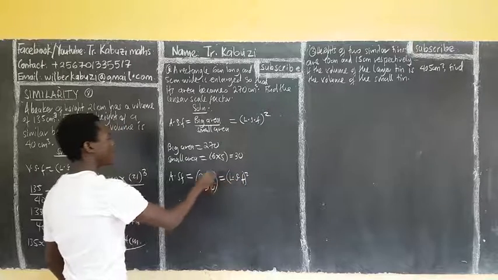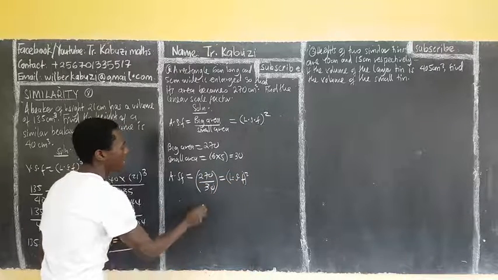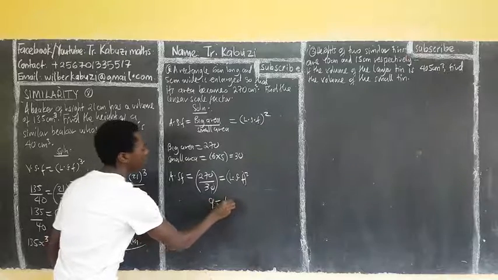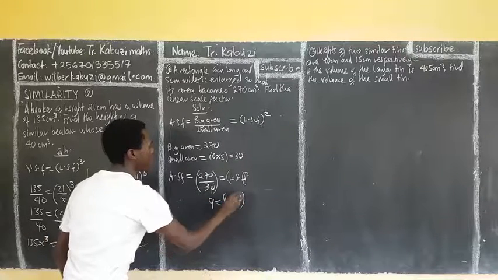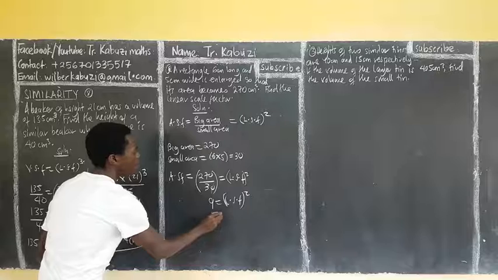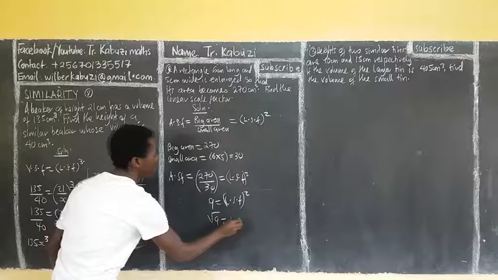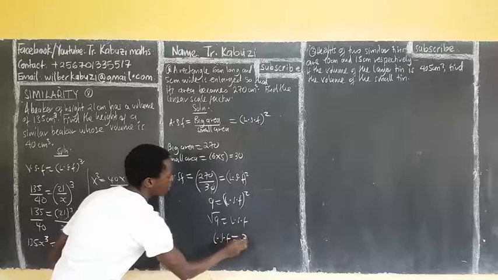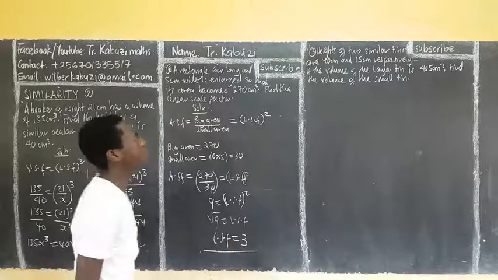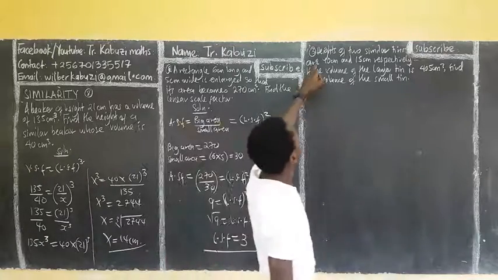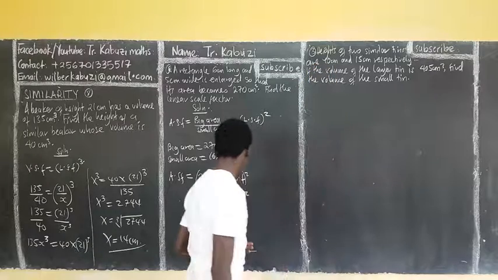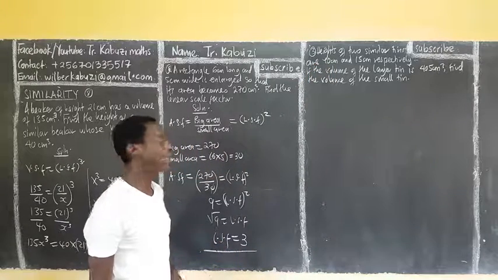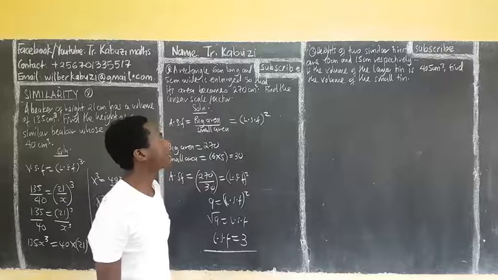So when we simplify, we get 9. So 9 is equal to LSF squared. And so the square root of 9 will be equal to our linear scale factor. Our linear scale factor now is going to be 3. We don't have units. Of course it's plus or minus, but because it was enlarged, the scale factor is positive.